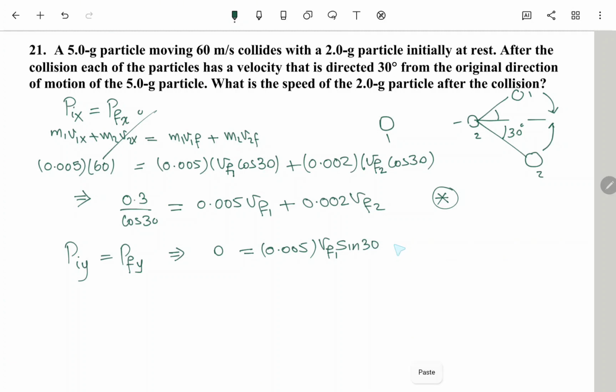Now it has to be plus, but the y component for the second particle is in the negative direction, so minus 0.002 v2 final sine theta. So from this, we can find that v1 final equals 0.002 divided by 0.005 v2 final.